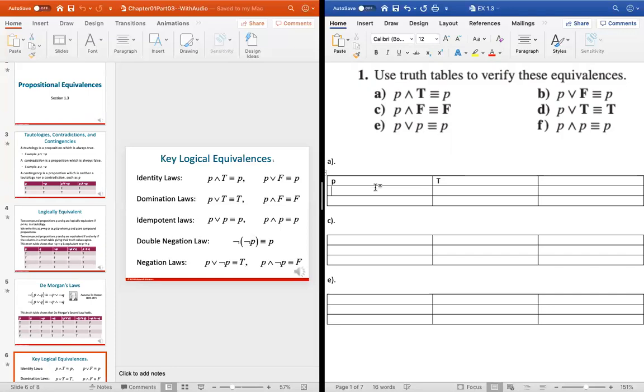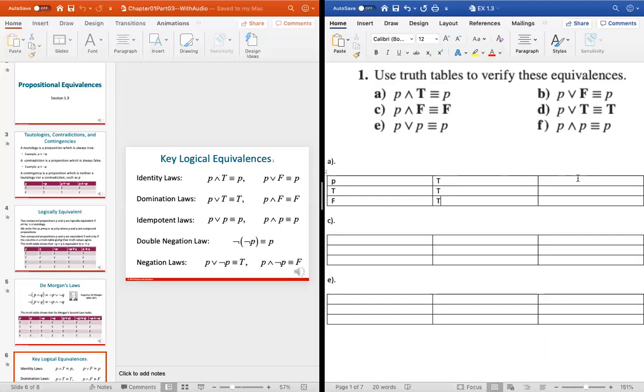So for P, there are two values since it's a propositional symbol. It can either be true or false. And for the truth value over here, there is no other possibility other than it being the truth value itself. So true and true.